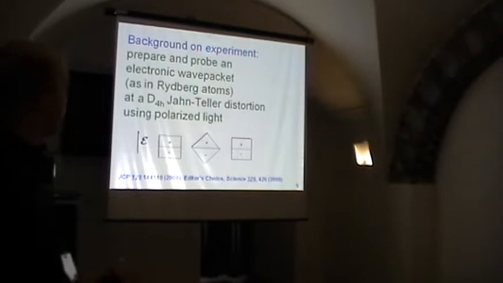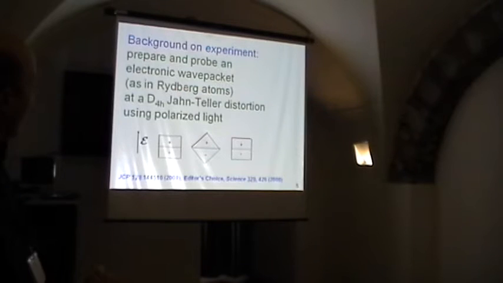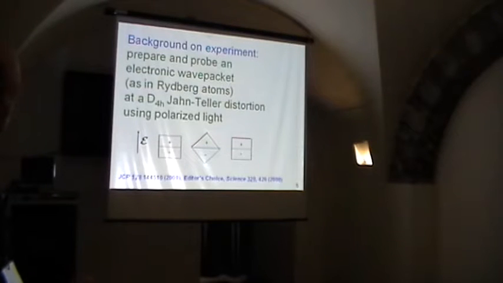So you expect beating phenomena, even if there were no bath, even if there is no coupling to the vibrations. And so the picture looks something like this. If we have a polarized field, and let us say the molecule has its axis oriented this way or this way, we're always going to be exciting the electrons so that they move parallel to the field. At least their projection onto the field will be parallel.